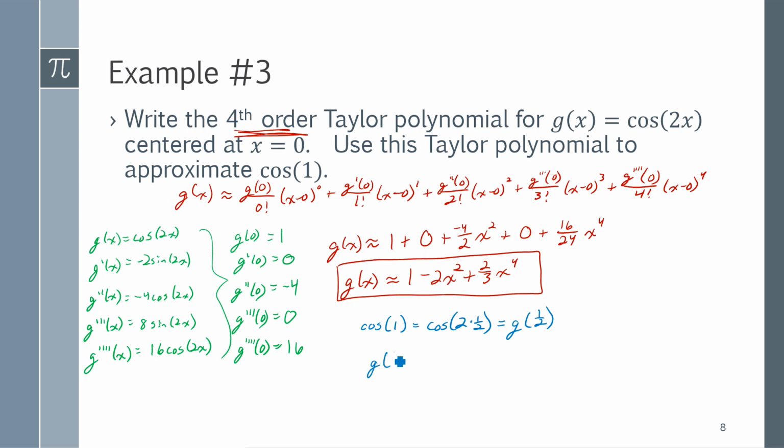So g of 1/2 is approximately 1 minus 2 times 1/2 squared plus 2/3 times 1/2 to the 4th. And if I went ahead and converted this to a decimal or simplified the fraction, this is 13/24, or 0.5416, and the 6 is repeating.